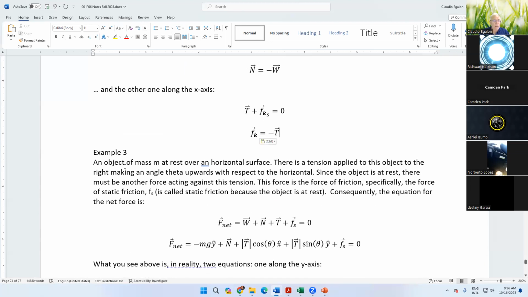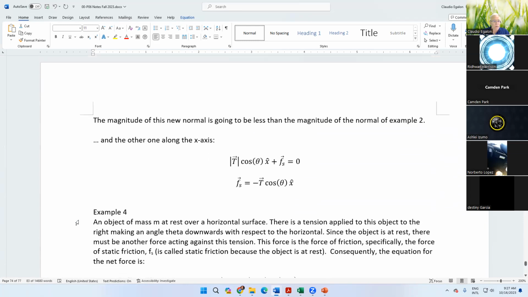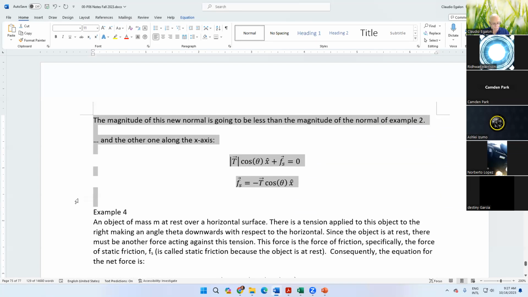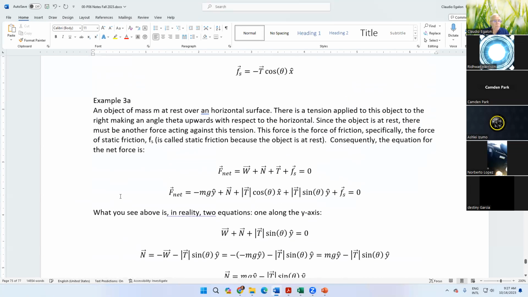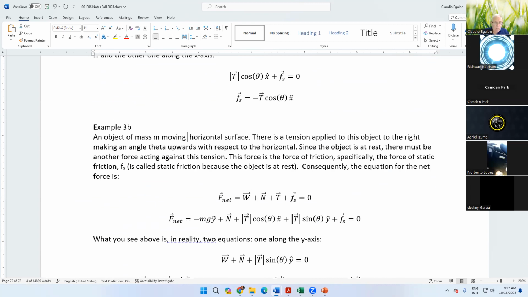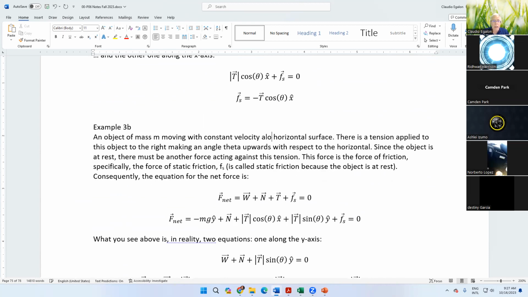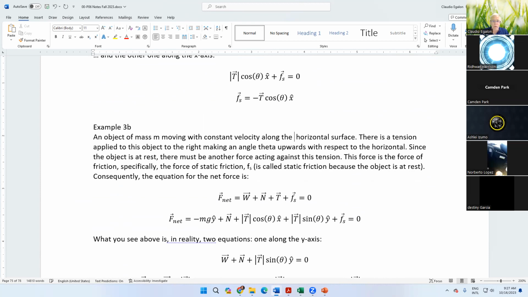And here we can do the same, moving with constant velocity, not just at rest. An object of mass m moving with constant velocity along the horizontal direction.